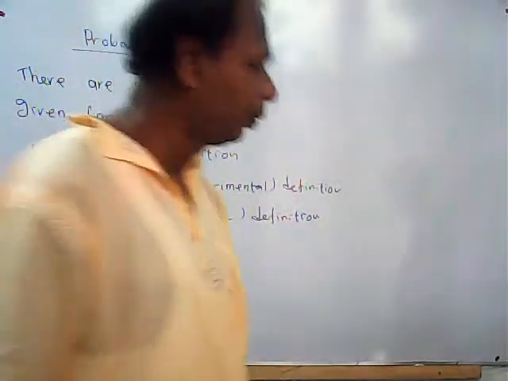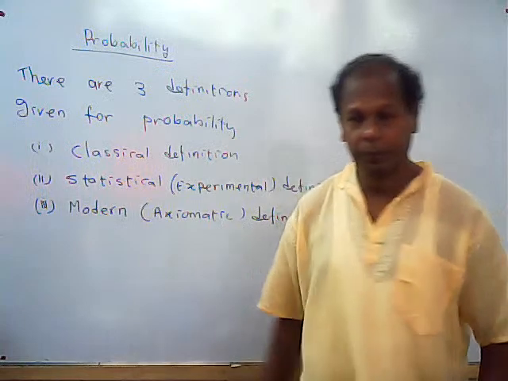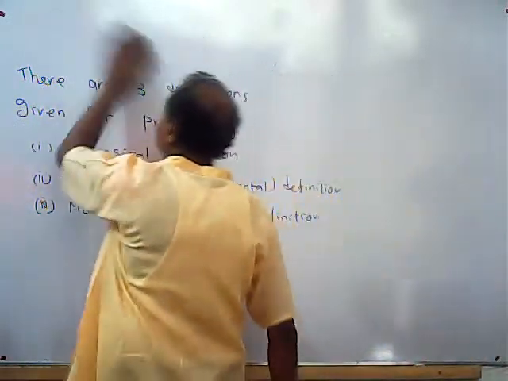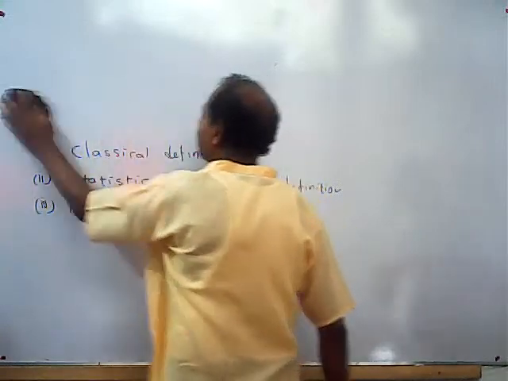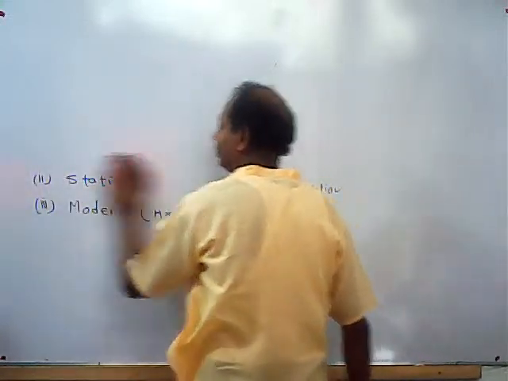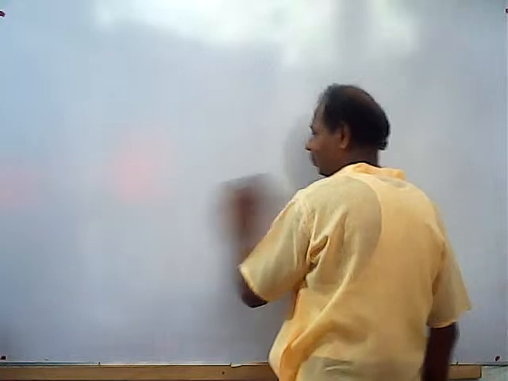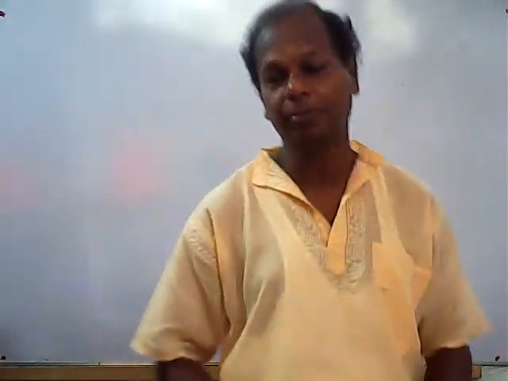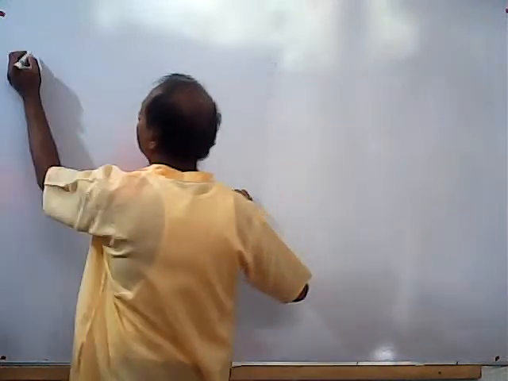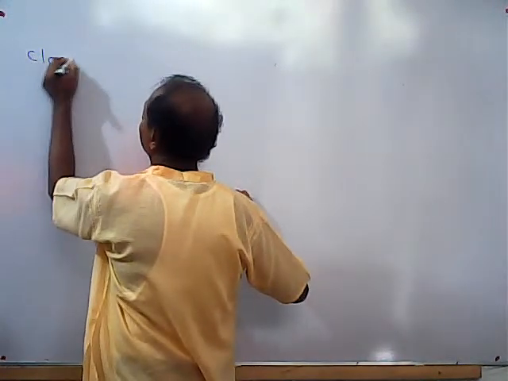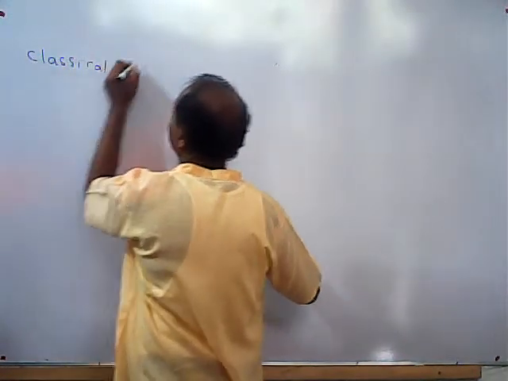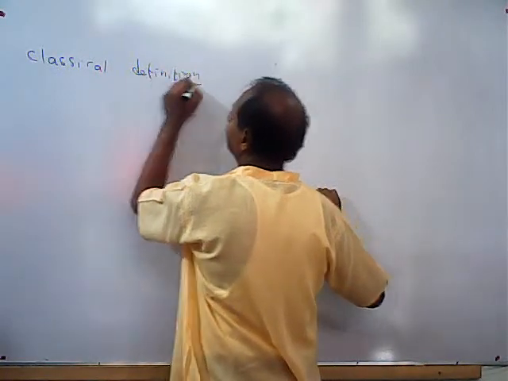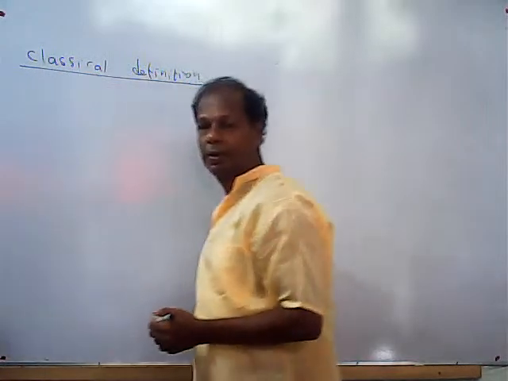Hari, let's start. Let's start with the first definition, the classical theory. Classical or historical theory, a definition of probability, right?